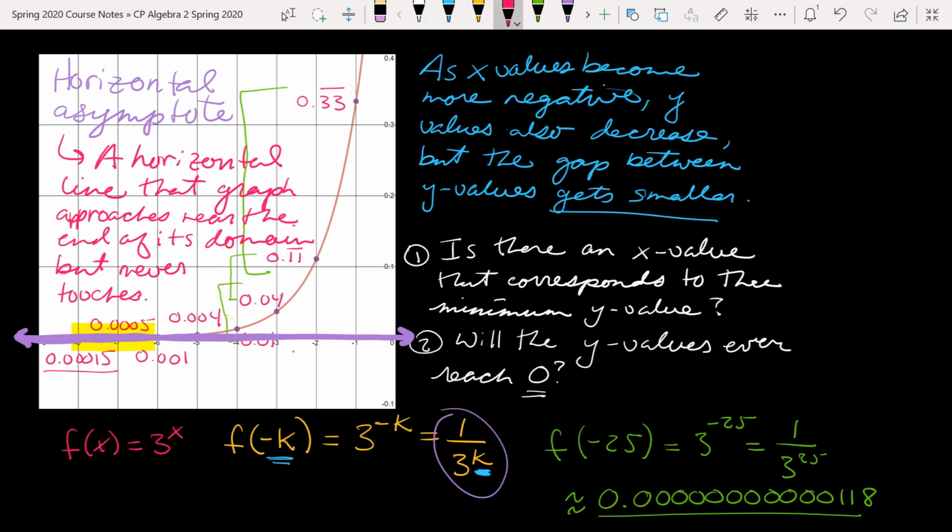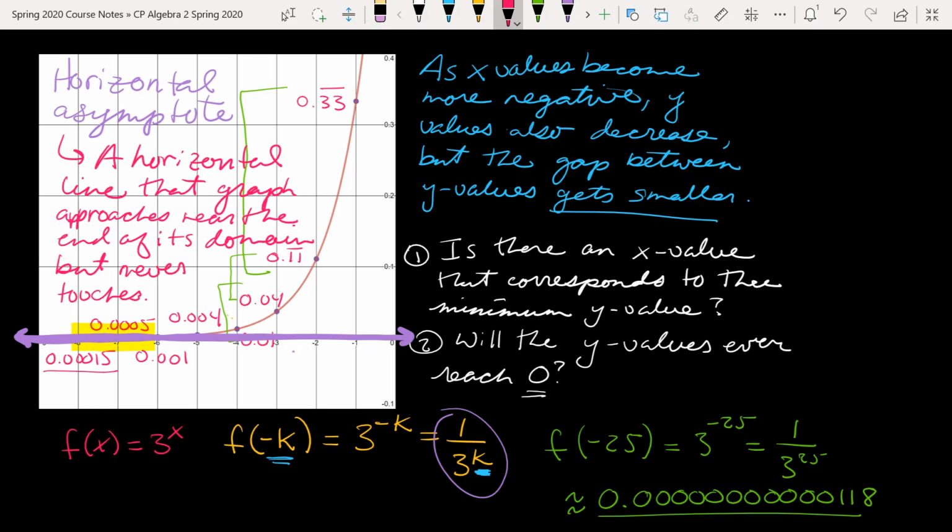I'm going to give a pretty casual definition of horizontal asymptote here. It's a horizontal line that as x values get way out to the boundaries of the domain, the function values, the y values, approach that line, but don't touch that line. This is casual because there are a lot of other cases that you'll explore later in your mathematical career where asymptotes actually can be crossed by the function.